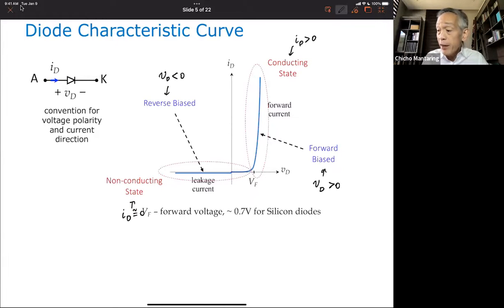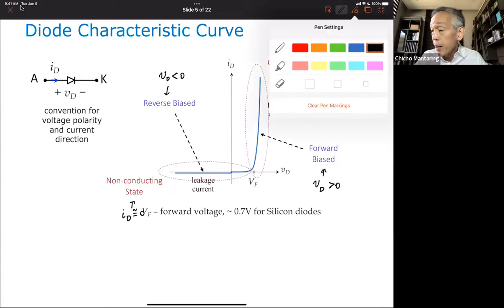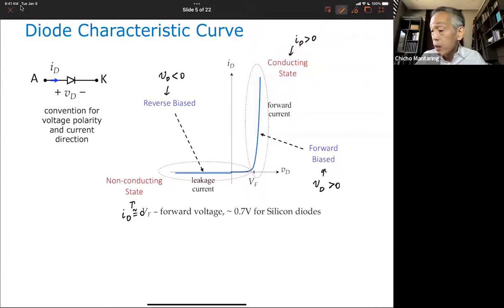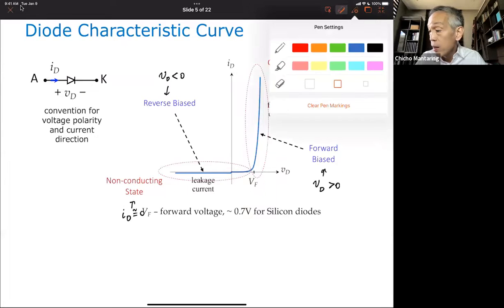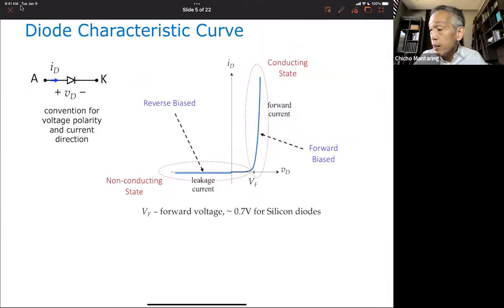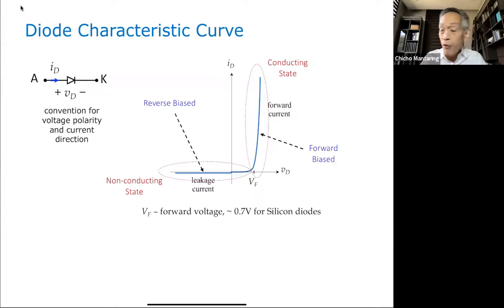Of particular interest to us is a voltage which we call V sub F. This V sub F we call the forward voltage. This is the voltage beyond which all of a sudden the current exponentially increases.